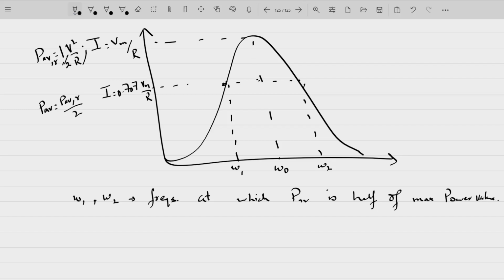So at the resonant frequency point, obviously since current is maximum, V being constant, average power will be maximum, and therefore omega 1 and omega 2 are those values of frequency at which average power will be half of the maximum power value. Therefore omega 1 and omega 2 are also known as half power frequency values, simply put.